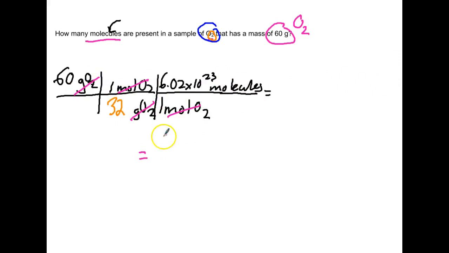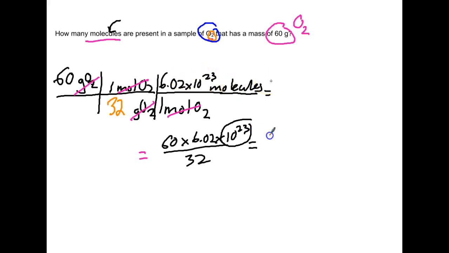So we're left with, if we rewrite this all, 60 times 6.02 times 10 to the 23rd all divided by 32. So remember, leave the 10 to the 23rd off to the side till the very end. Otherwise, just go ahead and do the math. 60 times 6 divided by 32 is going to give me about 11.25 times 10 to the 23rd molecules.